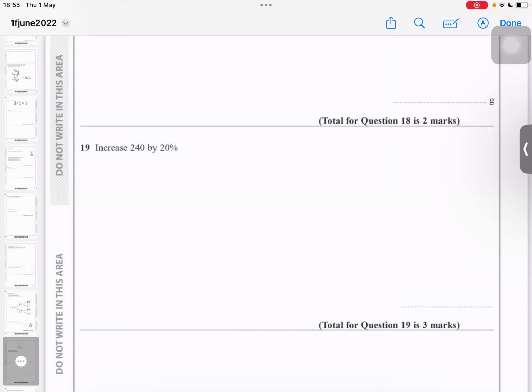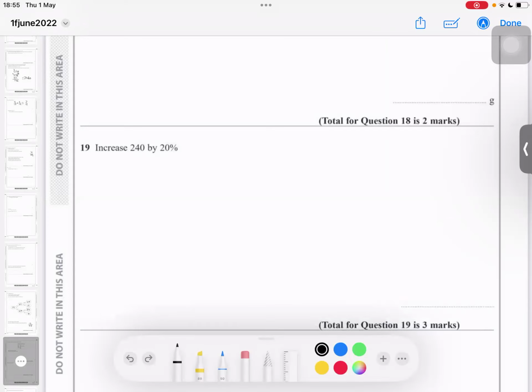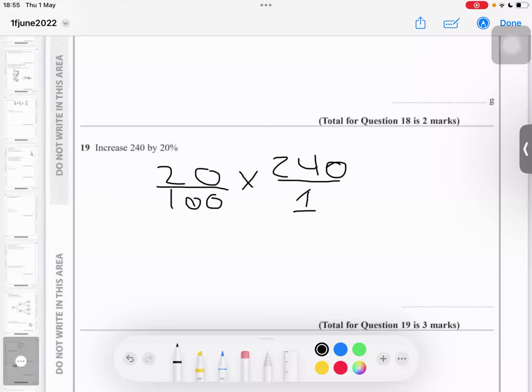20 over 100 times 240 over 1. Let's see how you take out the zeros. 240 over 1. Yes, 240 over 1. Okay, all right. So you can take out the zeros. Let's see them, and then we'll see what we have left.